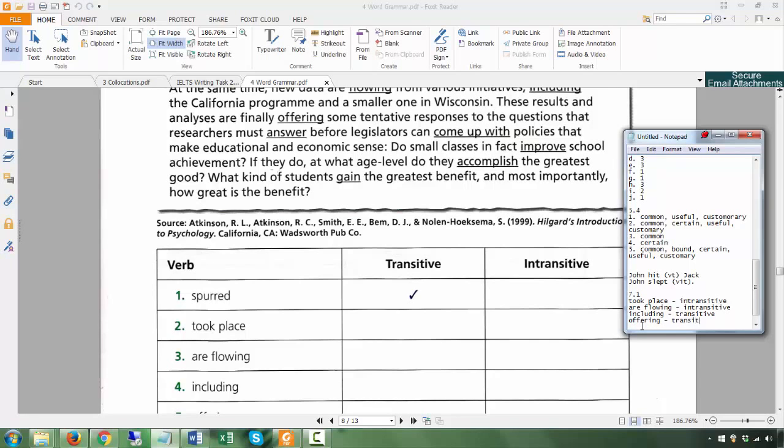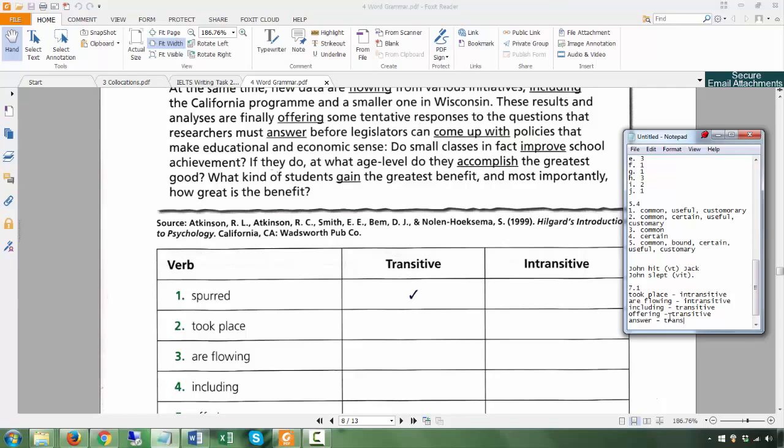Transitive. Answer. Now this is a bit tricky. This is a relative clause. Questions that researchers must answer. So you must answer questions. Even though you don't see the object directly after, it is actually all the way here because you're using a relative clause.